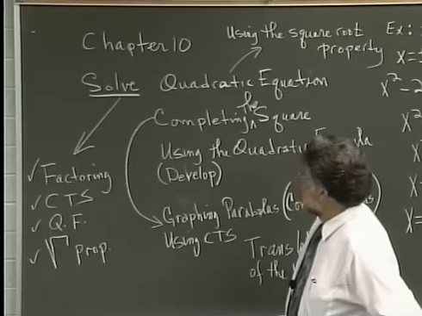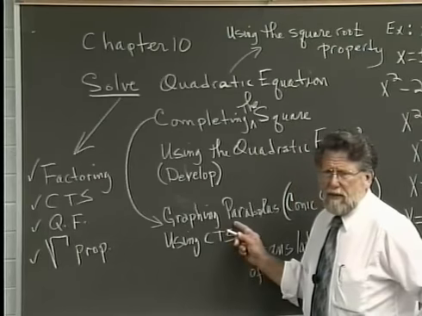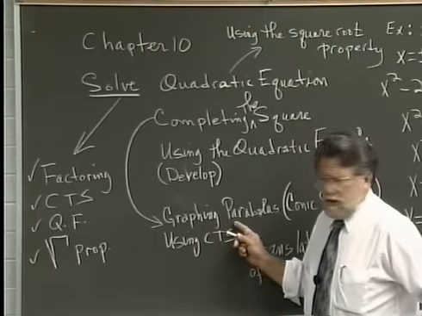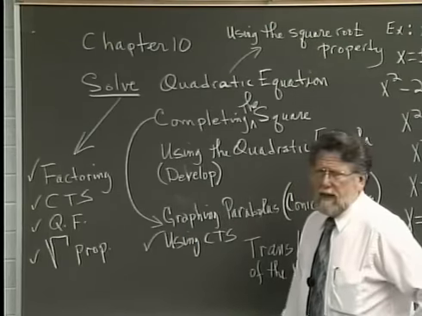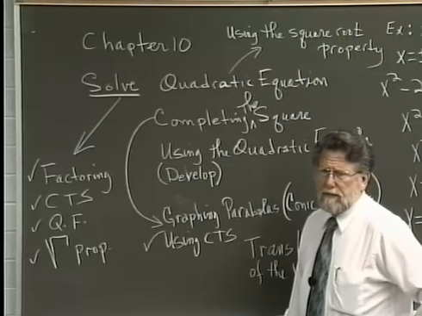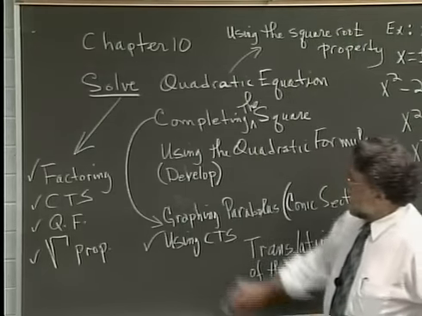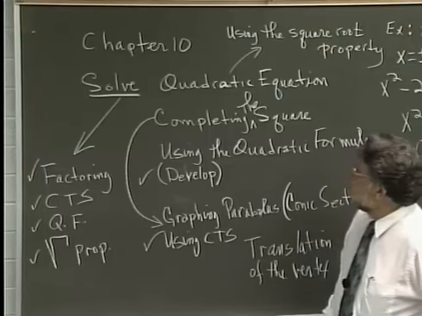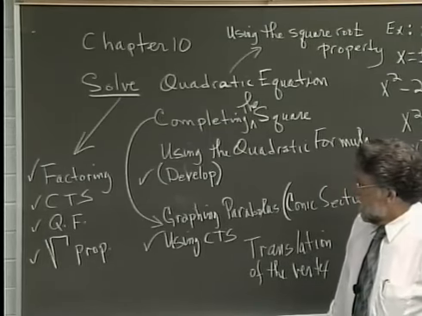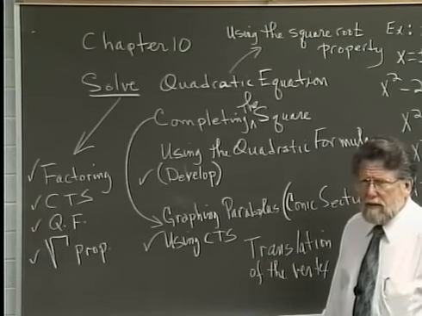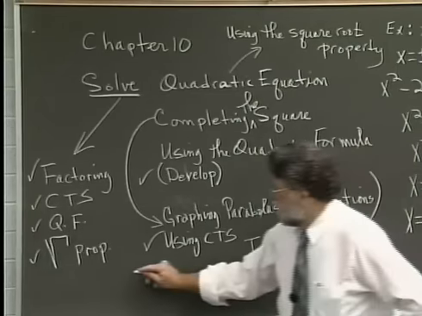Then, if I talk about graphing a parabola using completing the square, I can put another check mark there because that would be another problem. And then developing the quadratic formula is another problem. Then I could talk about equations of standard form.